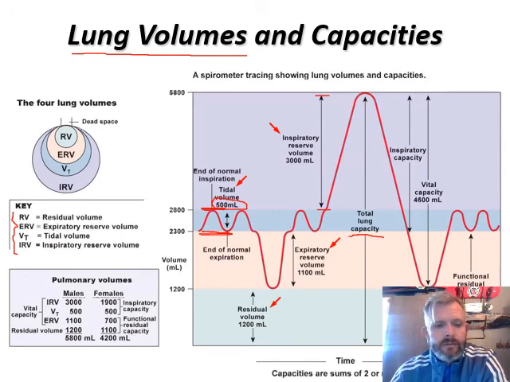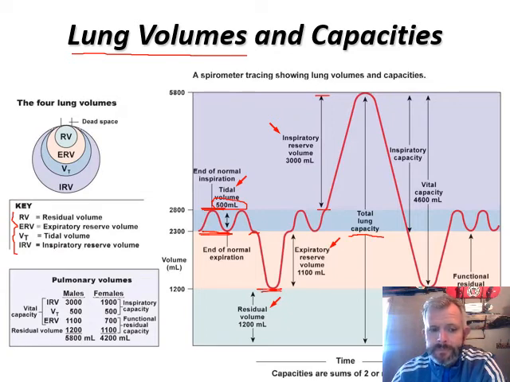And then, what if I'm breathing normally, and at the end of my normal exhale, I exhale forcefully. That would get me this volume here, my ERV, or my expiratory reserve volume.